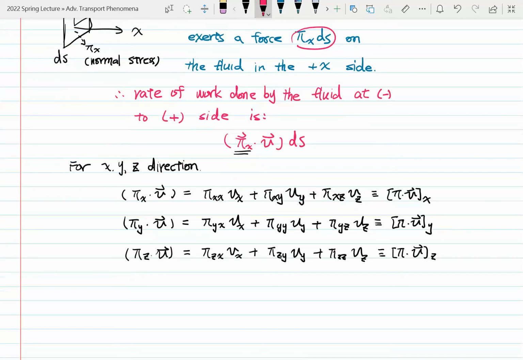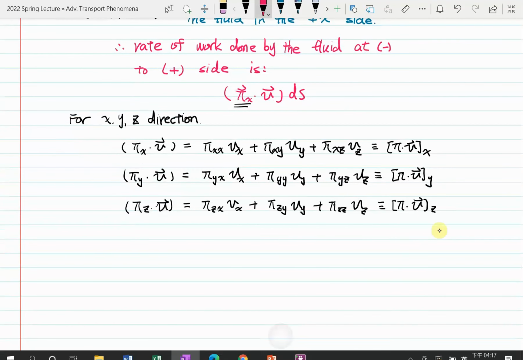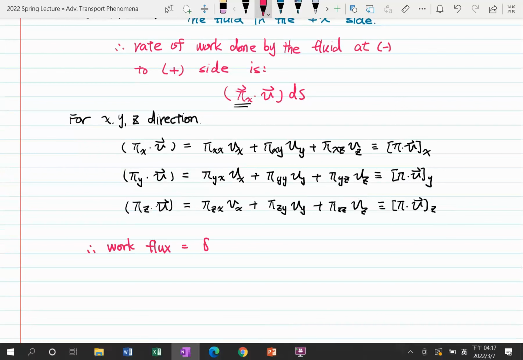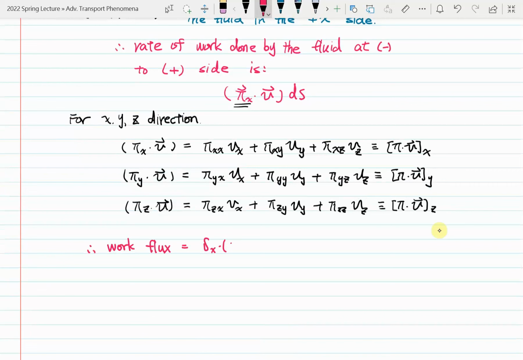So finally we can come to the definition of the work flux. Work flux equals the unit vector in the x direction times pi x dot v plus delta y times pi y dot v plus delta z times pi z dot v.